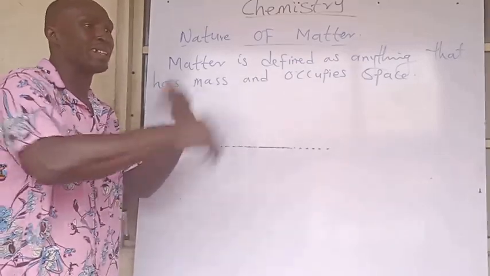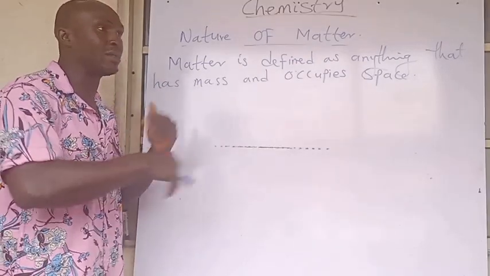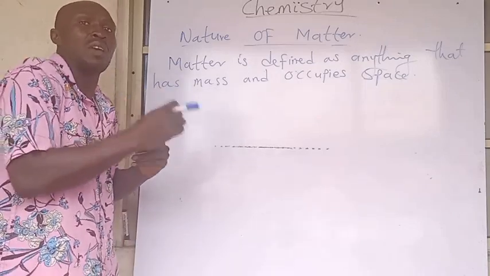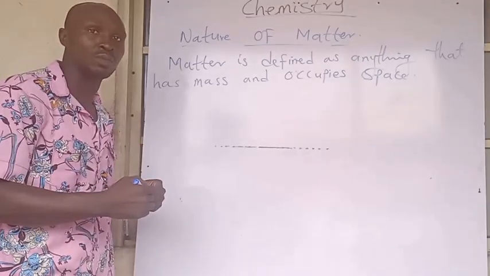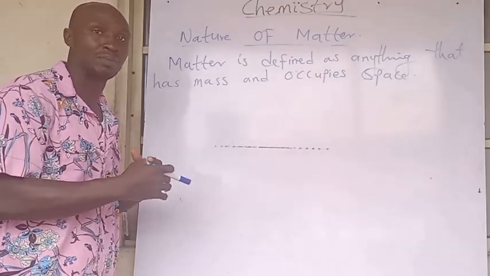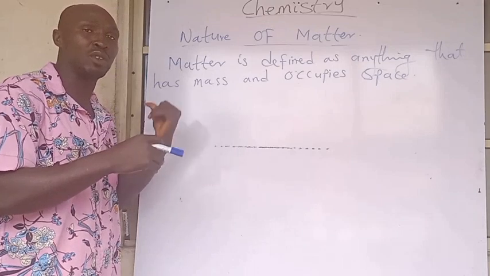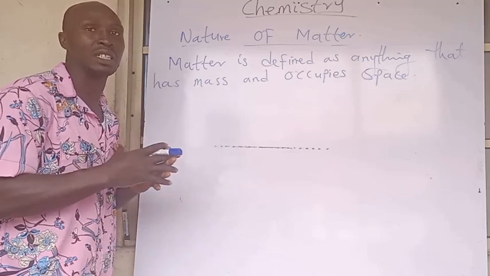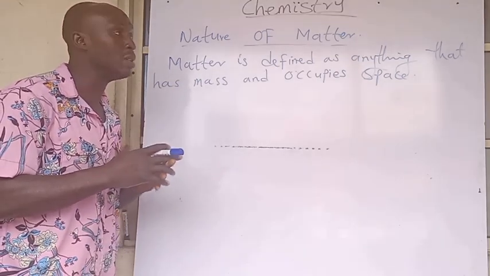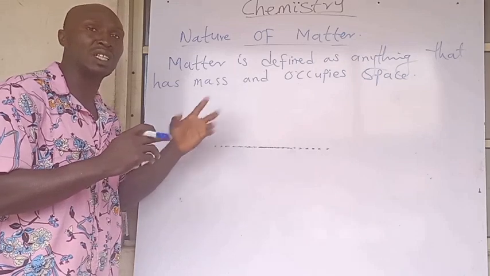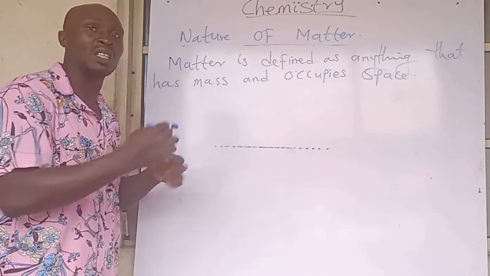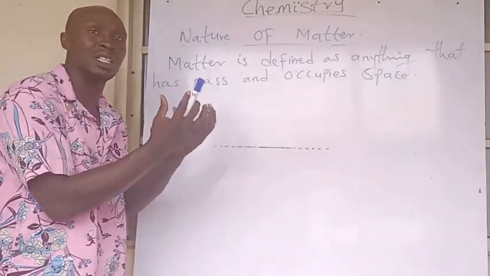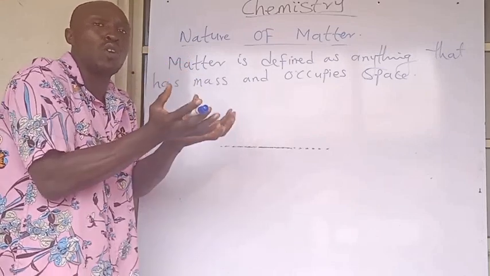But how is matter formed? Before we talk about the states of matter, we're also going to look at how matter can be formed. What makes up matter? Earlier, we've seen in our previous episode that matter can be organic, matter can be inorganic. But today, whether it is organic or inorganic, we want to see how it is formed, what are the building blocks of matter.